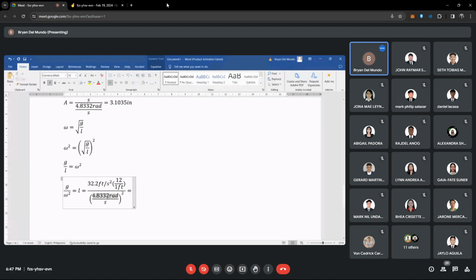Ayan. So this is 4.8332. So yung ating value ng L is 16.54 inches.